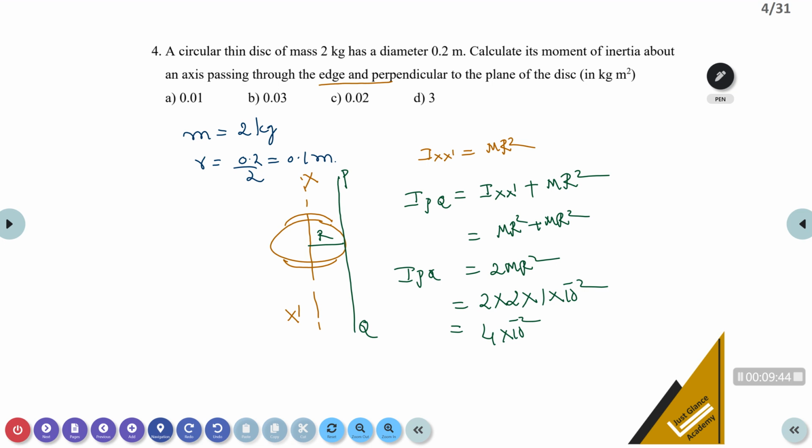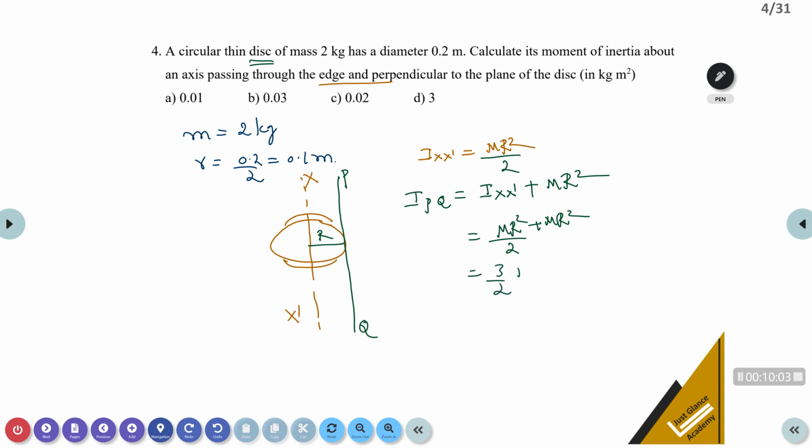Did I make any mistake? Okay, it is a thin disc. I made a mistake here. It is not a ring, it is a disc. So this becomes M r square by 2. M r square by 2 plus M r square equals 3 by 2 M r square.